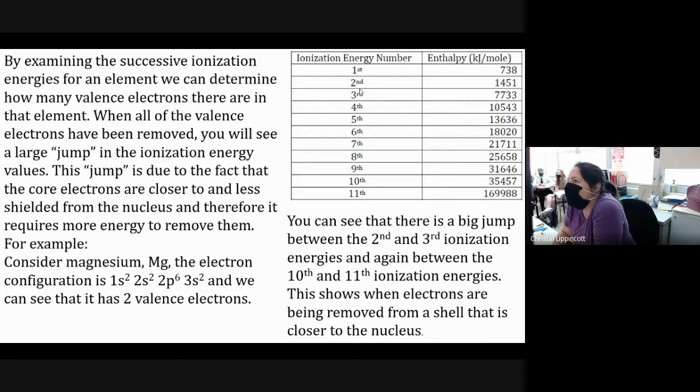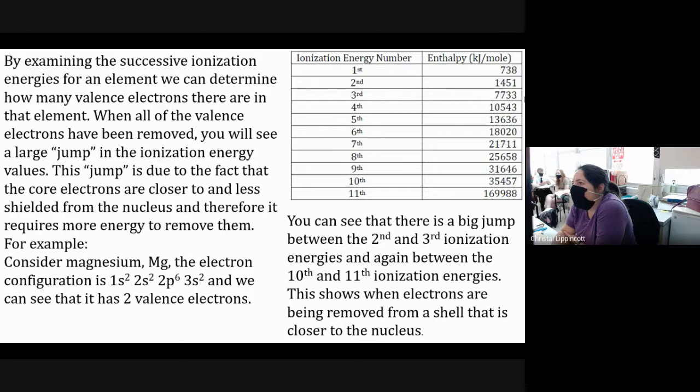This is a very common question that you will see on the AP exam. I would be surprised if you go through an AP exam and don't see some sort of variation of this on there. And Austin is shaking his head in confirmation. Okay? Very common. So look for the big jump.